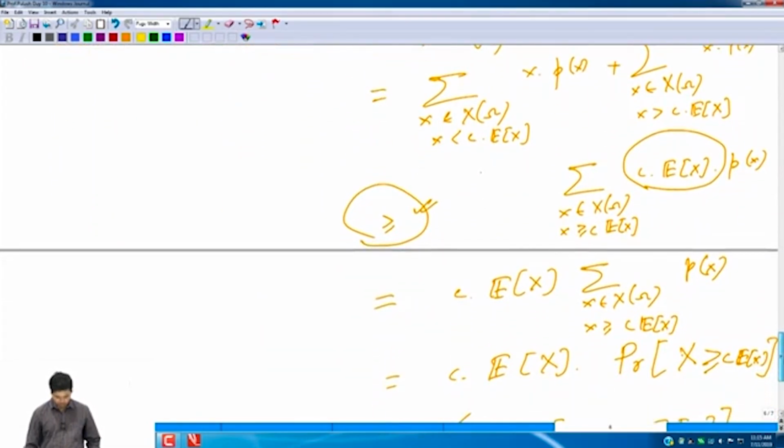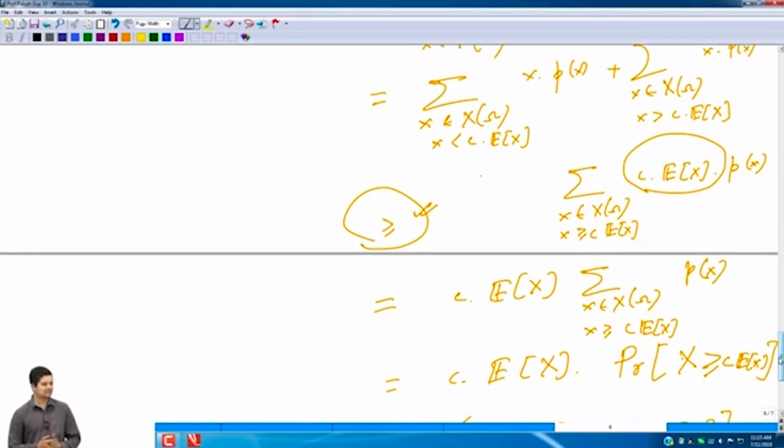And we saw the proof for the case when X is a discrete random variable, although the theorem holds for any random variable, continuous as well, but the proof we did only for discrete random variables.